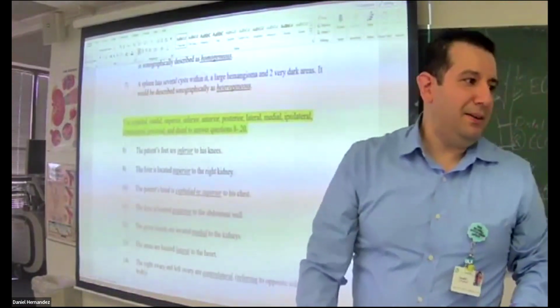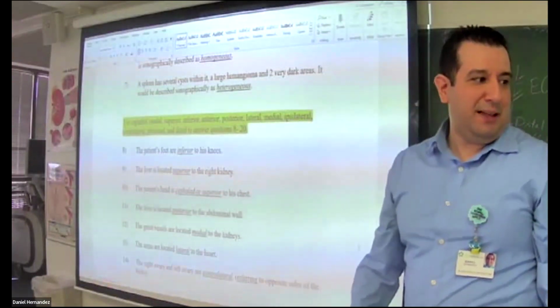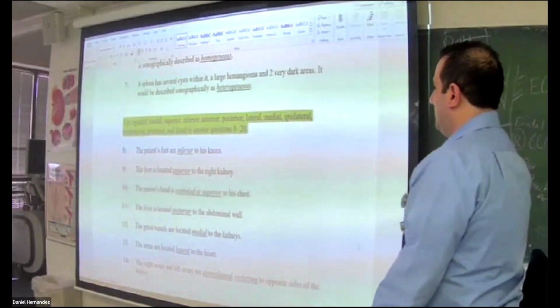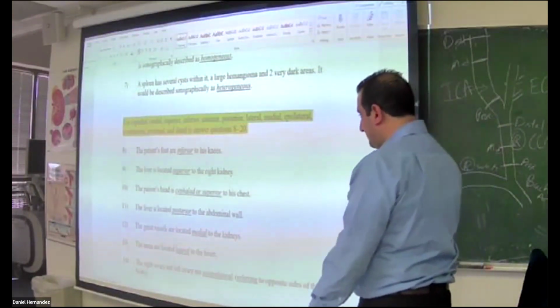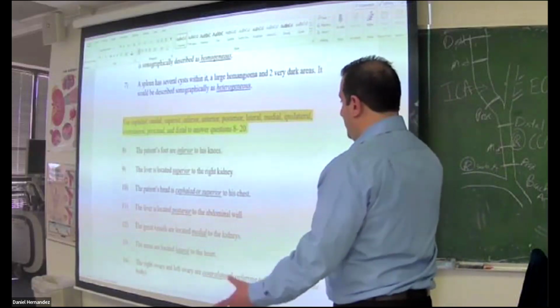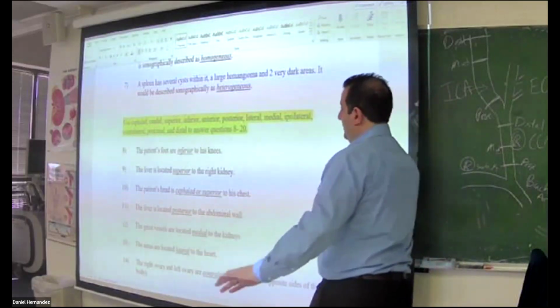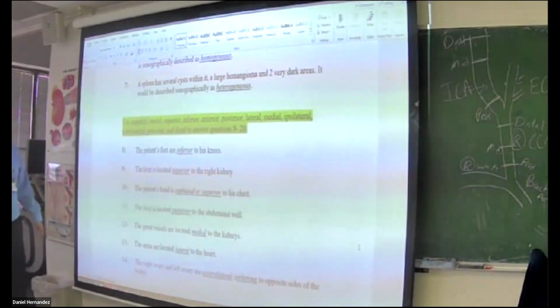Cephalid, caudal, superior, inferior, anterior, posterior, lateral, medial, ipsilateral, contralateral, proximal, distal. So again, some more of that terminology. Some of these we can use interchangeably: cephalid or cranial, and caudal.